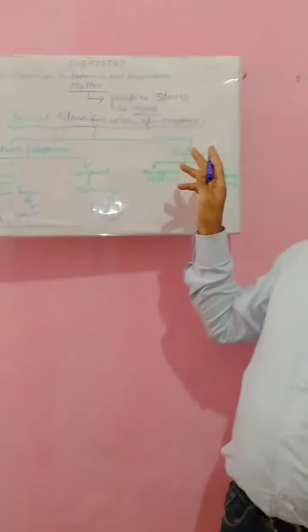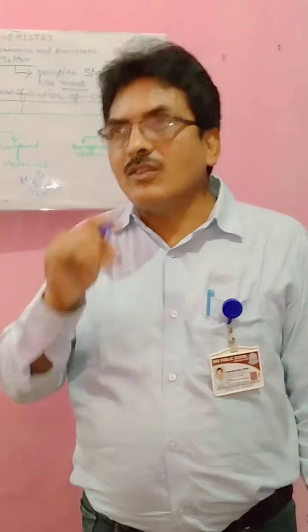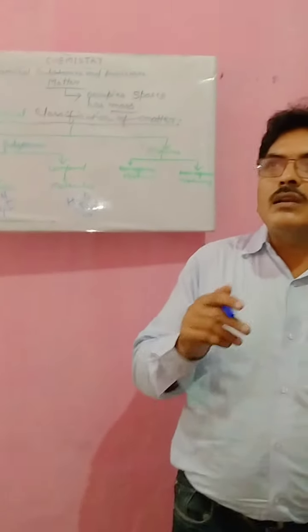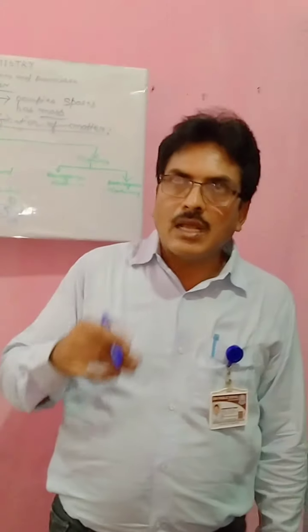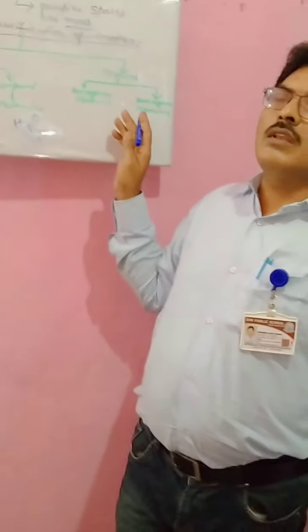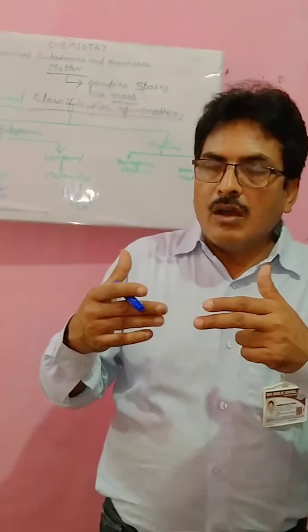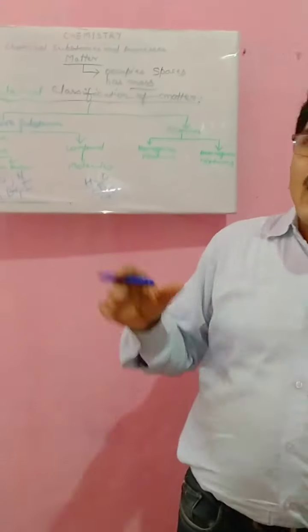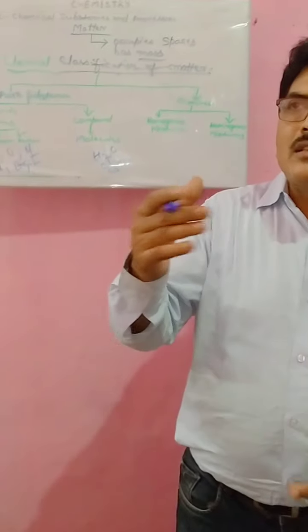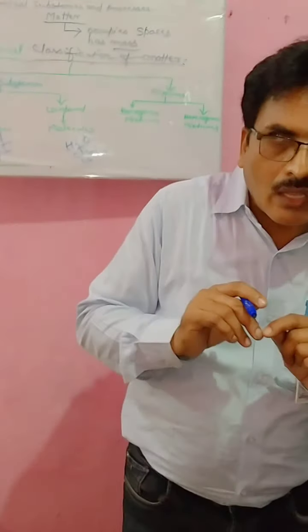And mixtures also consist of two parts: homogeneous mixture and heterogeneous mixture. You have learned this in previous classes also. A homogeneous mixture is that type of mixture in which the components of the mixture are available everywhere. The example of a homogeneous mixture is water plus sugar, right?